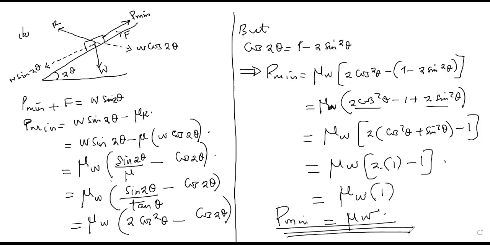Is it okay? With a proof, you must get an answer. What about 2 cos squared theta plus 2 sine squared theta? Would it form something?